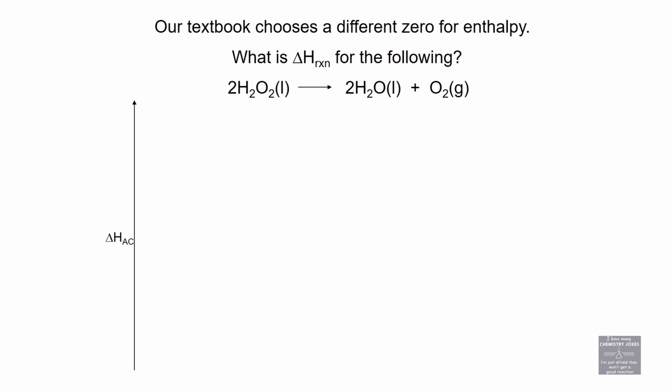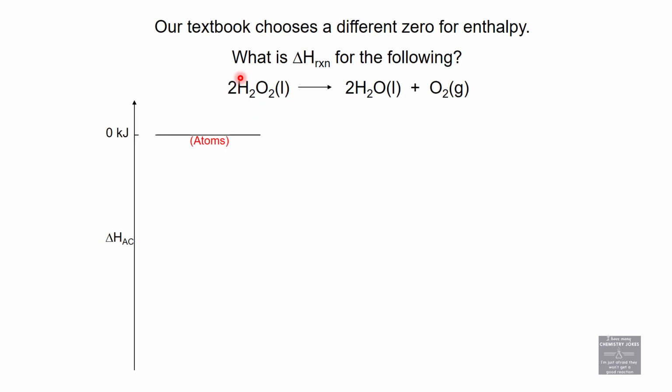So the textbook has formation values, enthalpy of formation values in the back. The chem activity book has atom combination values in the back. If we were to draw an enthalpy plot of this reaction, the 0 point for atom combination is atoms in their gaseous state.